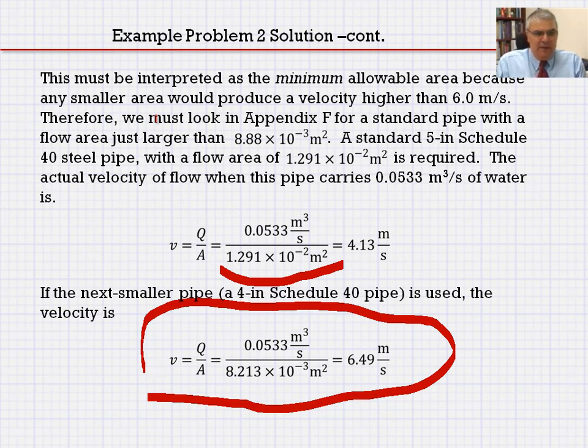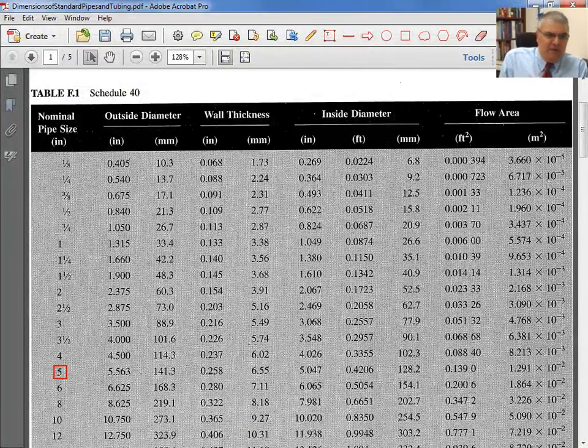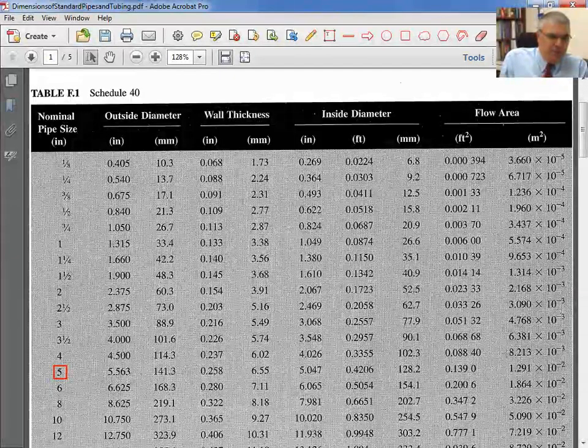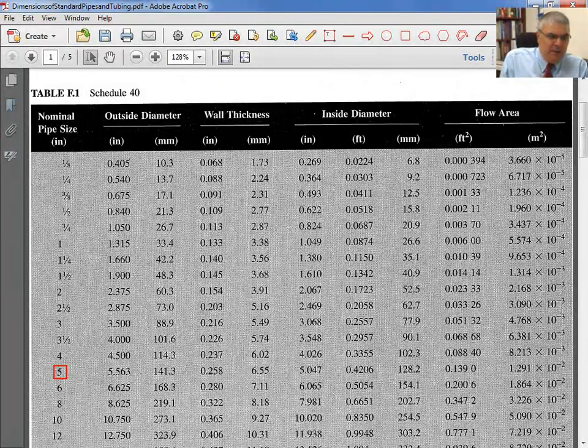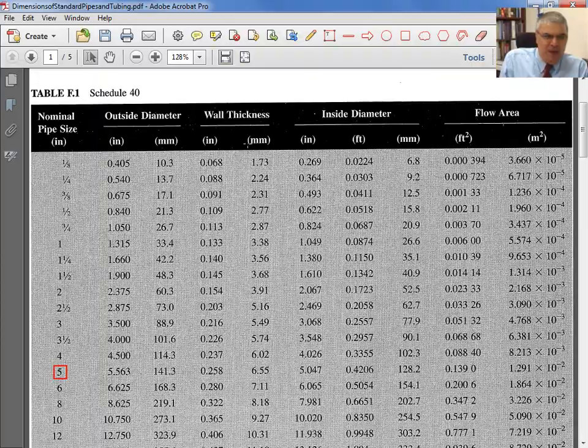Okay, this is for a 4-inch Schedule 40 pipe with a flow area of 8.213 times 10 to the minus 3. That is one size below. So if you look at the table, the required area falls between these two numbers, so it falls between size 4 and 5.